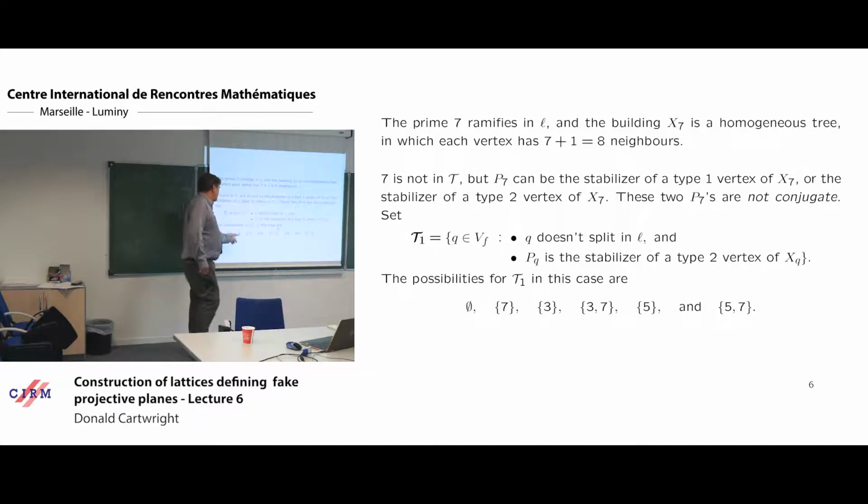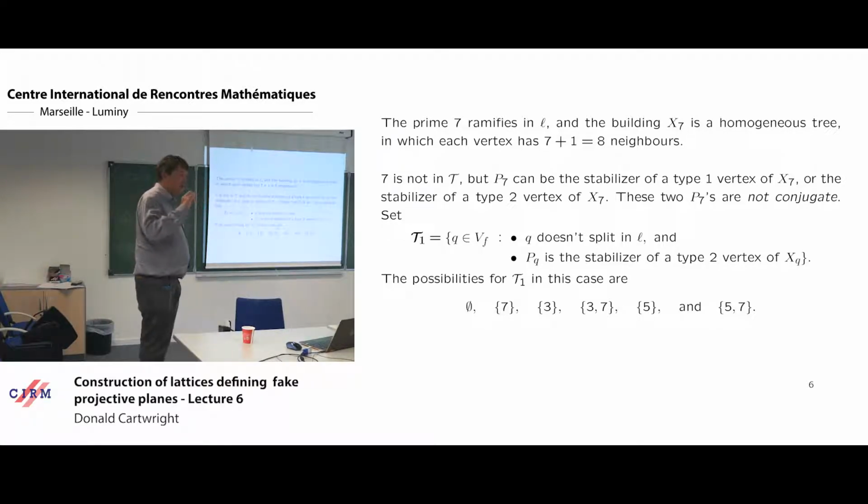So the possibilities: you can have nothing. You can have 3. You can have 5, and then you can switch from P7 to P7 prime, and then you get it. So P7 prime is a stabilizer of a type 2 vertex of that tree.